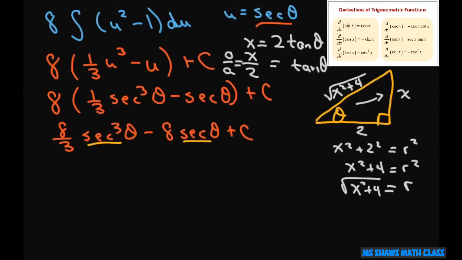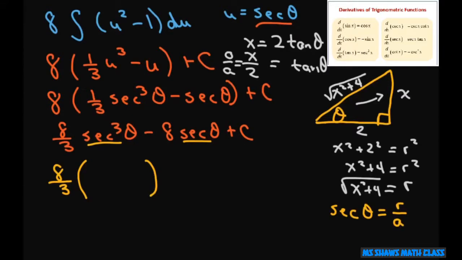What we have is 8/3, and this is going to be cubed. Now secant, remember, is the reciprocal of cosine. So this is going to be r divided by your adjacent.